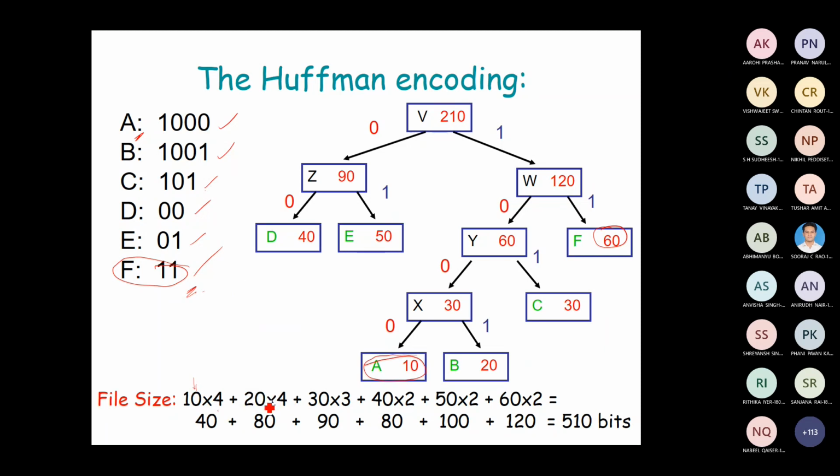Similarly, 20 into 4 for B, 30 into 3 for C, 40 into 2 for D, 50 into 2 for E, and 60 into 2 for F. That is nothing but 510 bits.